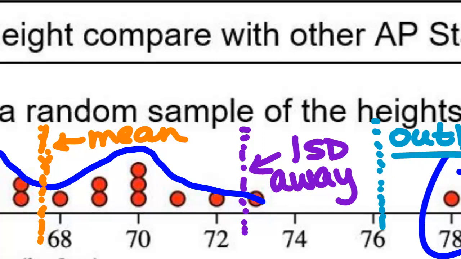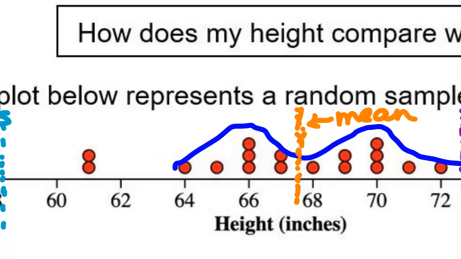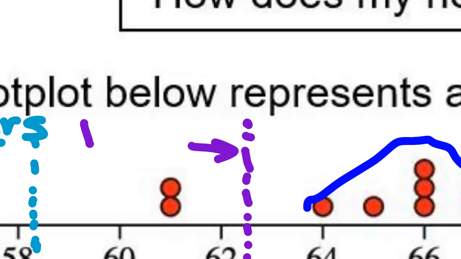And then 67.45 minus about 5 would put me at like 62 and a half, which would be right here, right? This is 1 standard deviation away.